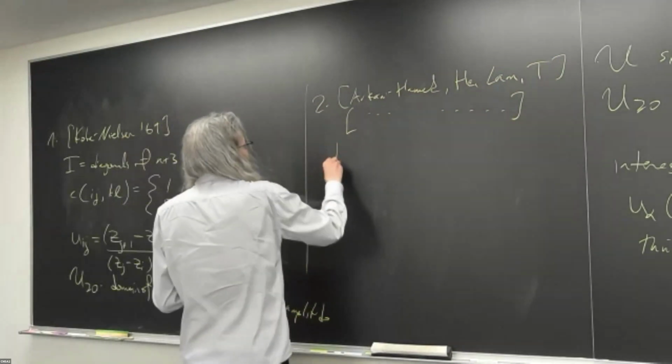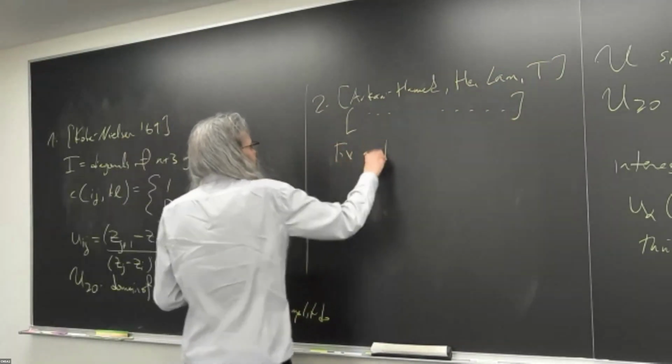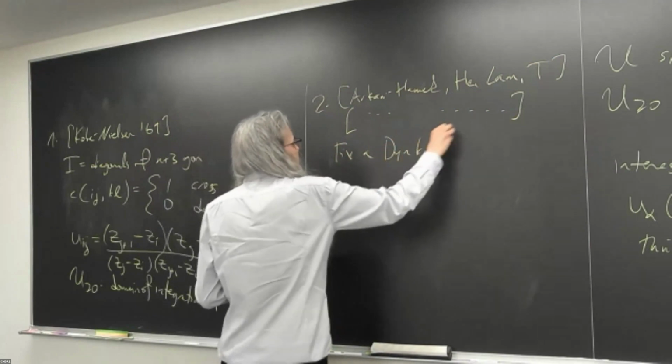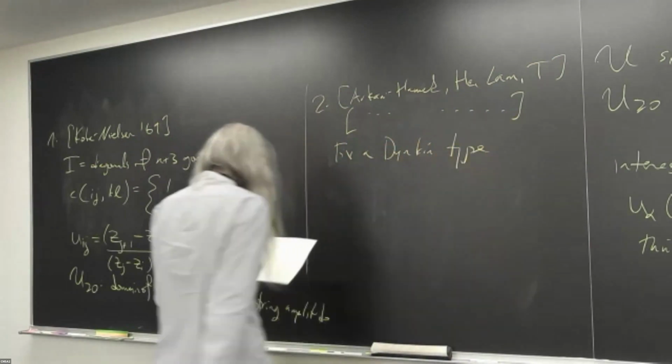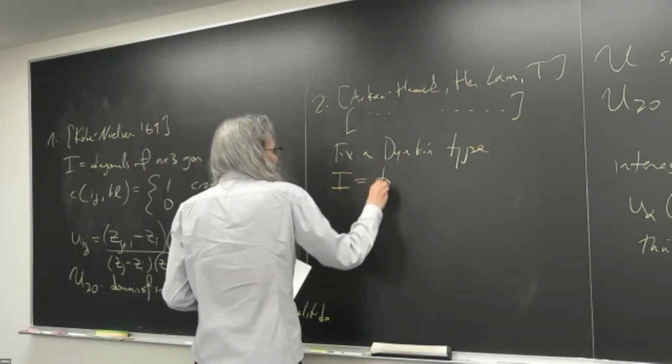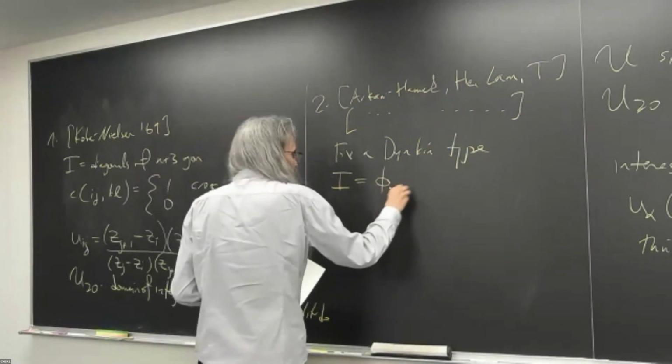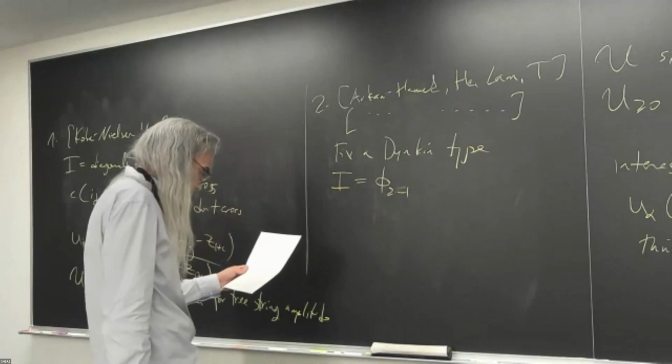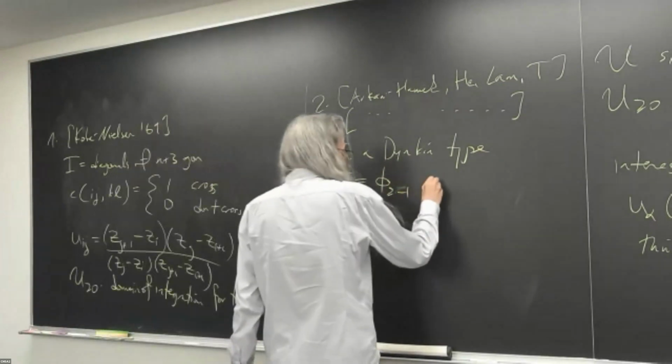So fix a Dynkin type. The indexing set is going to be what are called the almost positive roots.